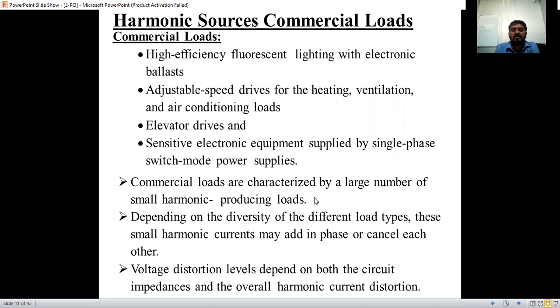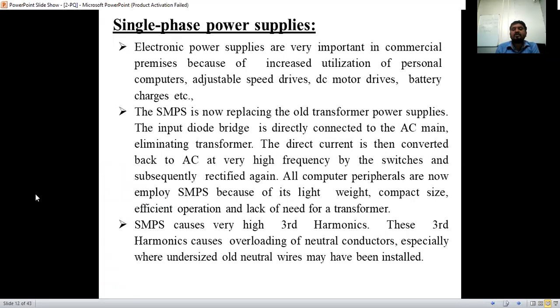If the harmonic currents are added into the supply current, we are going to call that current distortion. So for that reason, whatever voltage distortion levels are there depend on both the circuit impedances and the overall harmonic current distortions.